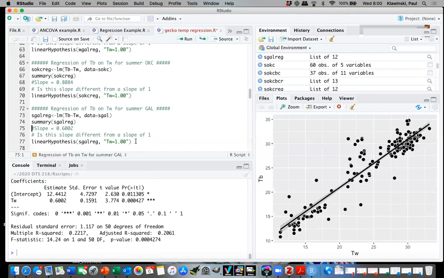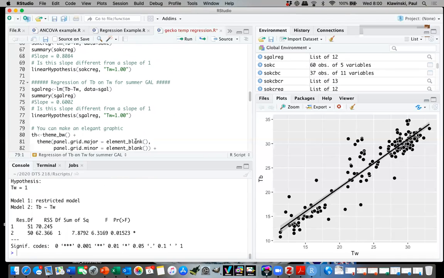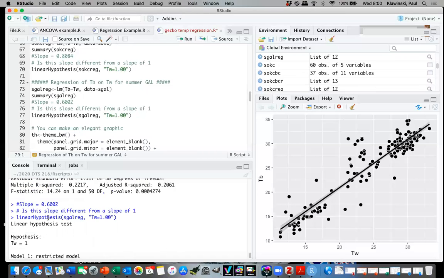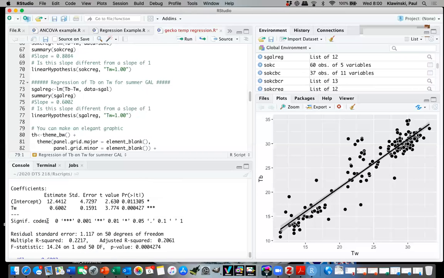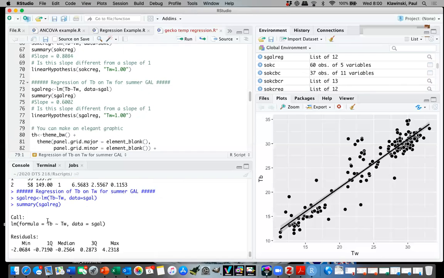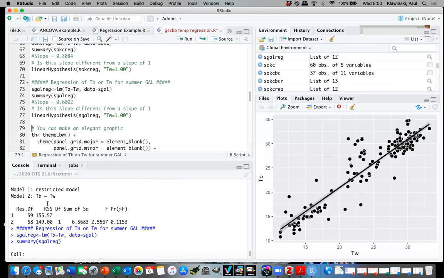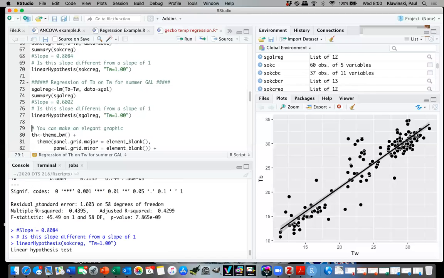Once again, that slope is higher. And in this case, you find that it is different from a slope of 1. And once again, this is probably due to sample size. You have many more individuals in this regression than, for example, you did in the other one. There are quite a few in that regression also.